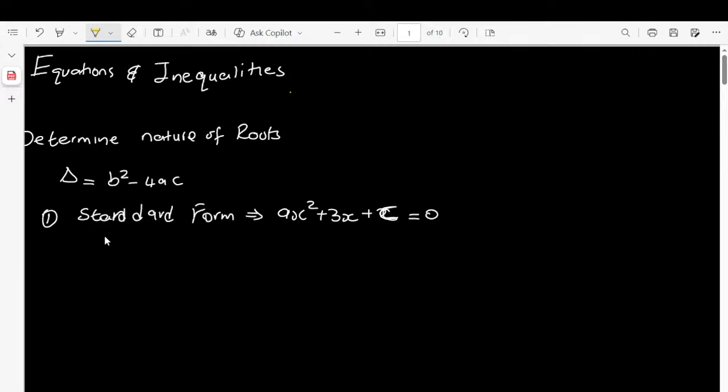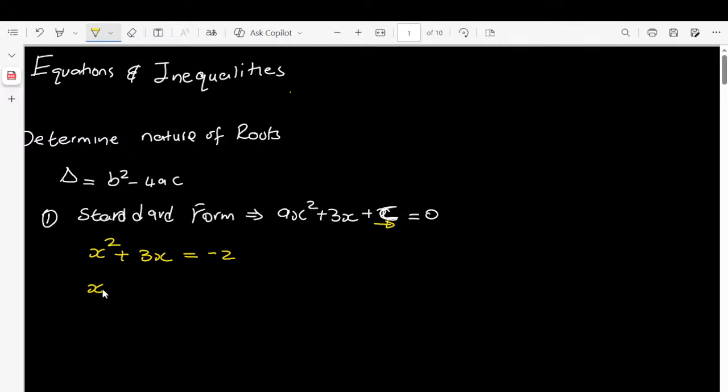Right. So let's say I'm given x squared plus 3x equated to negative 2. Can you see that what we need to do first is to rearrange the equation? I hope everyone is with me on that. We need to put it in the standard form.